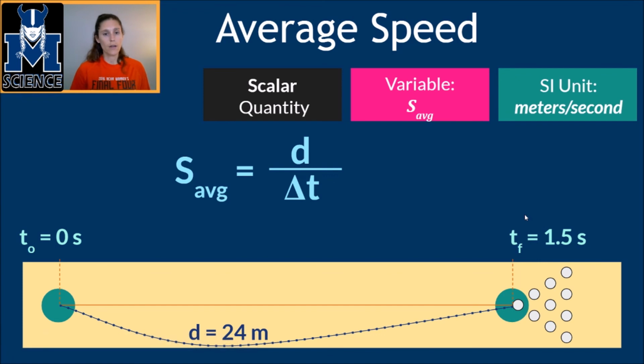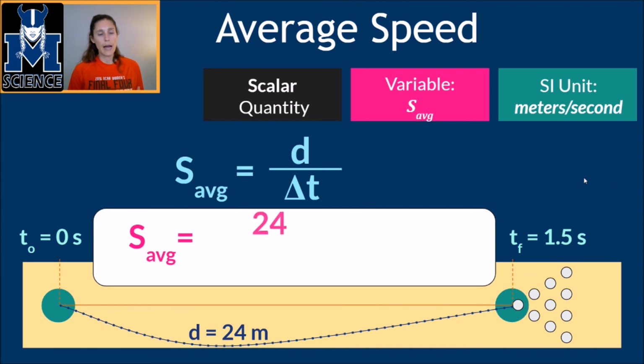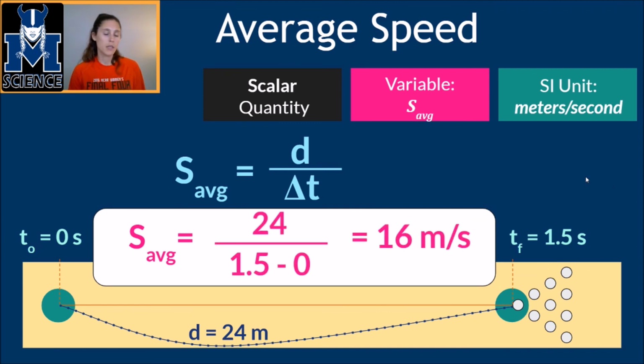The distance traveled is 24 meters. So let's plug in our numbers. To get our average speed, we take 24 and divide by 1.5, and we get 16 meters per second. In this case, we don't need to report a plus sign, because any speed you report is always positive, because speed does not indicate direction. It is just a scalar quantity.